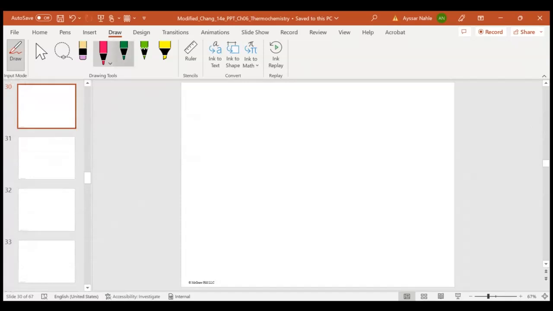Now, let me go through it here, and let me start with the specific heat. It is the amount, AMT, I'm going to use abbreviations today, okay?